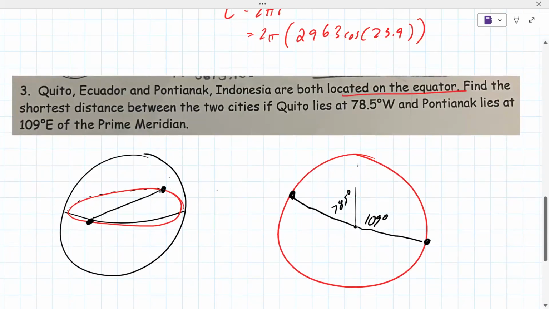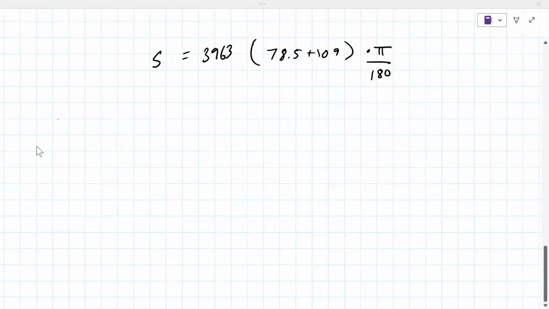There's a little triangle here with a hypotenuse, and we can figure this out. But in number 4 it says surface distance, so I would ask your instructor to double check.